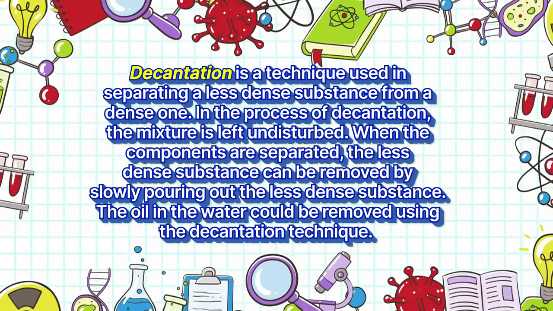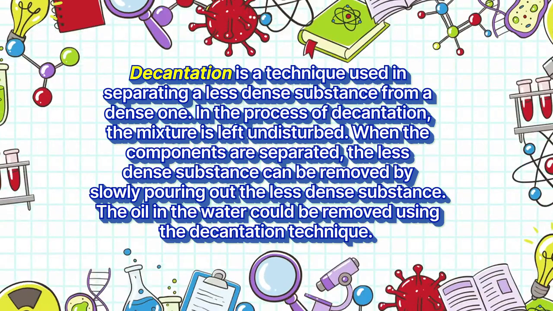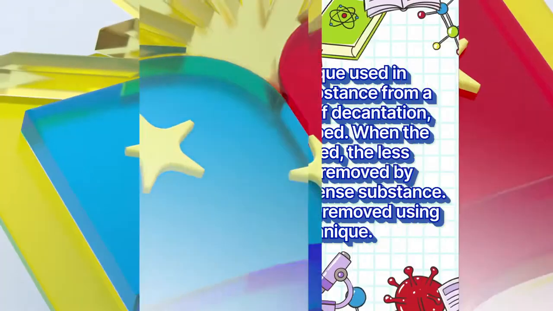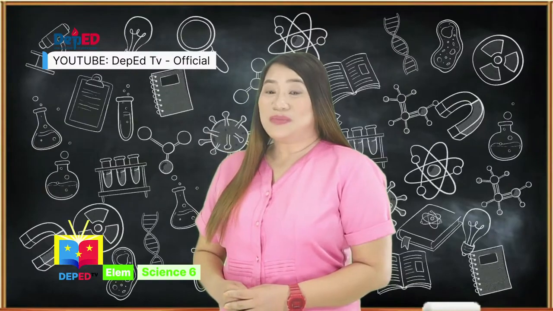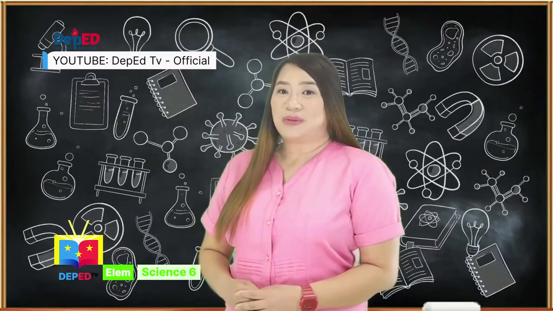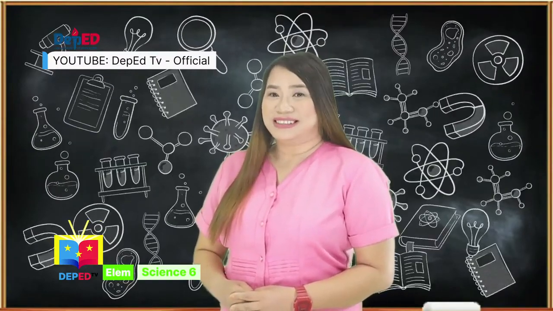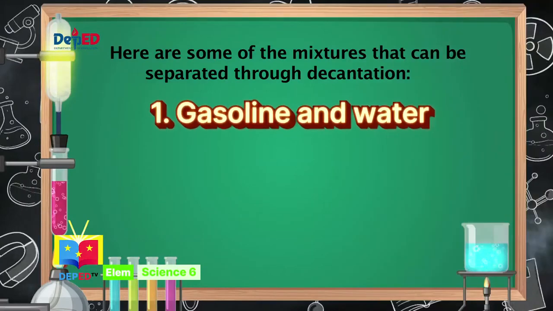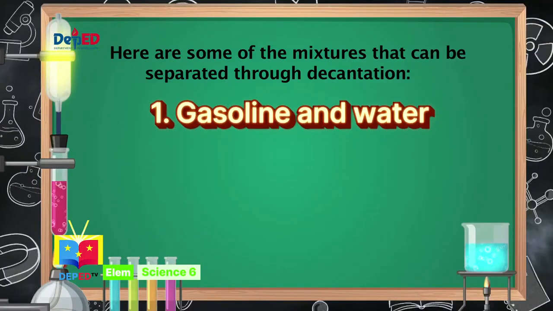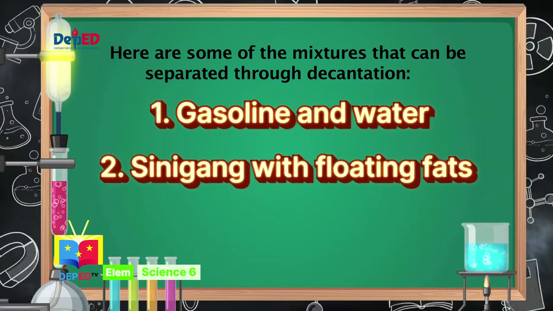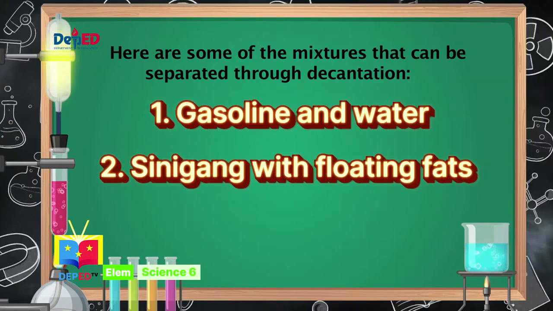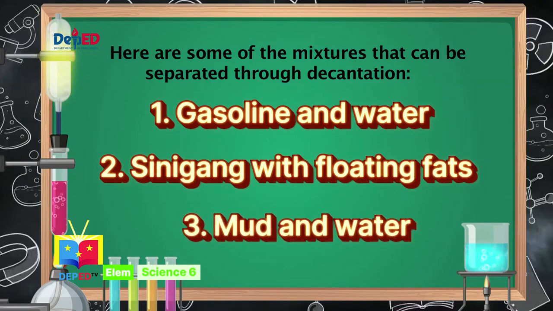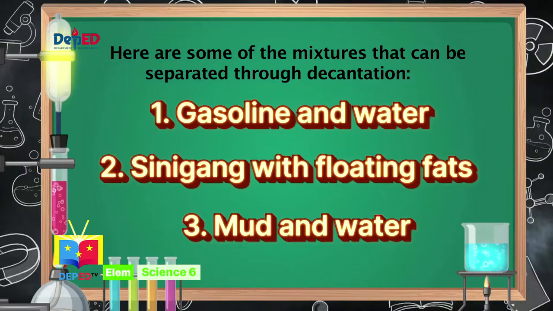The oil in the water could be removed using the decantation technique. Here are some of the mixtures that can be separated through decantation. Number 1, gasoline and water. Number 2, sinigang with floating fats. Number 3, mud and water.